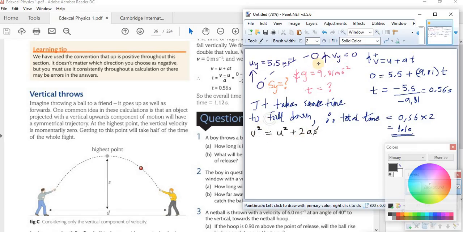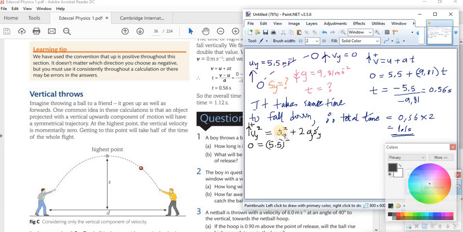Now v at the highest point, so again we take up as positive. Whatever is down will then be negative. So with up as positive, the final velocity will be 0. Then the initial vertical velocity is 5.5. They have given us that. We are applying this only in the vertical direction, so all of this is vy, uy, ay, sy, all in the vertical direction.